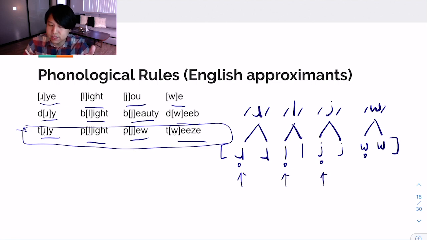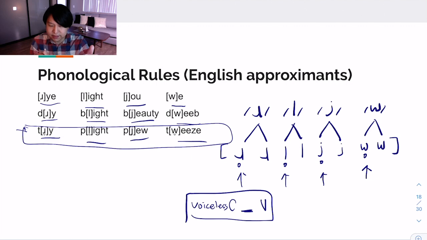And they are voiceless when they are between a voiceless consonant and the vowel. So this is the environment that results in a voiceless counterpart of four different English approximants.